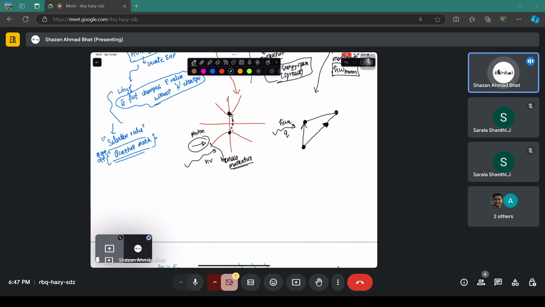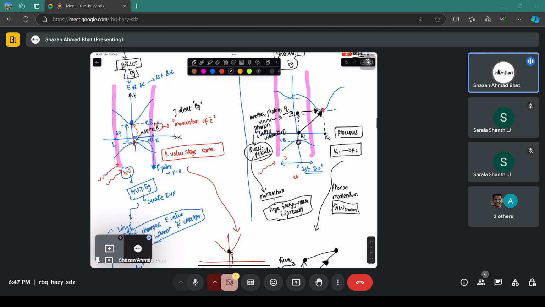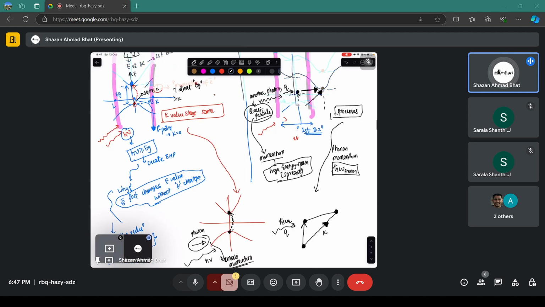Let me call this k. And you see that overall momentum has to be conserved. The momentum of the electron plus the momentum of the phonon have to be totally conserved, and all have to finally add up to zero. Okay, and what is going to happen now?